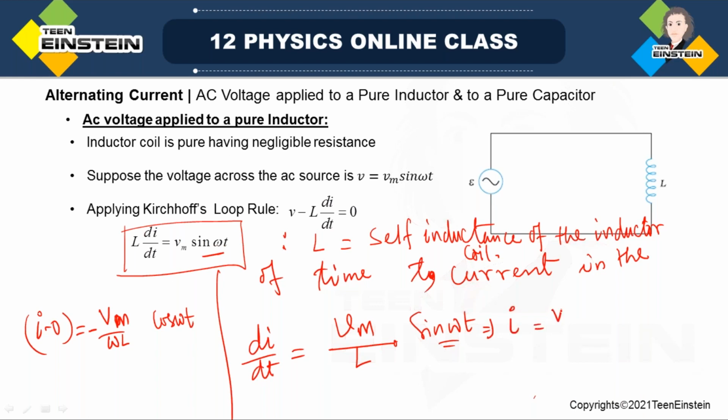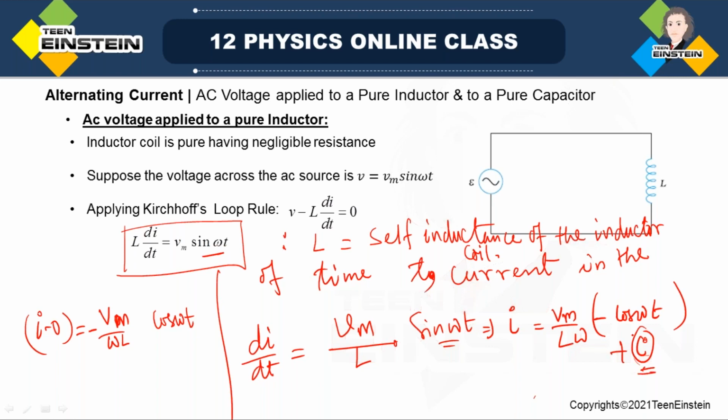So here I can write I is equal to Vm by omega into L minus cos omega t, plus integration constant C. This constant is a positive quantity itself. Now if you take time t equal to plus or minus, this function does not change, but this will change. So if you take the average of this quantity, plus and minus c, it will be 0. That's why the integration constant can be neglected here.